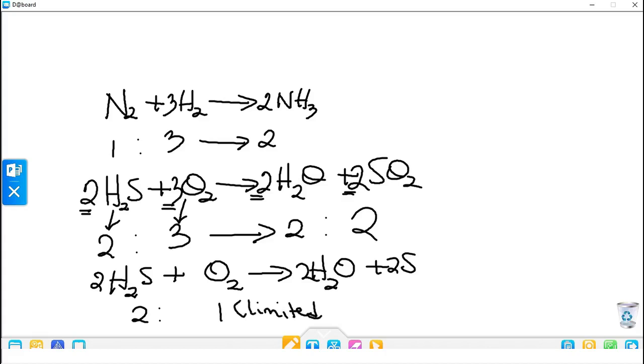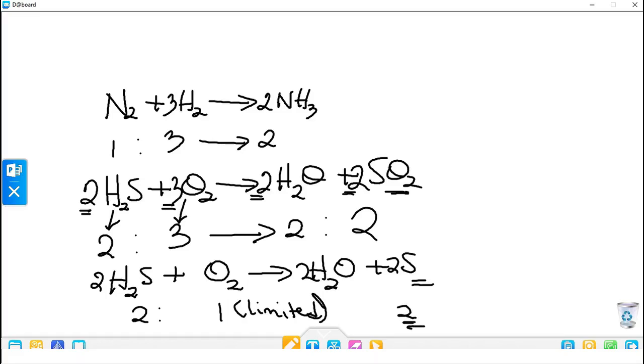It's not going to give us sulfur dioxide. Instead, we're going to have sulfur as the product. It means 2 moles of hydrogen sulfide will need 1 mole of oxygen to give 2 moles of sulfur and 2 moles of water. This is what we refer to as mole ratio.